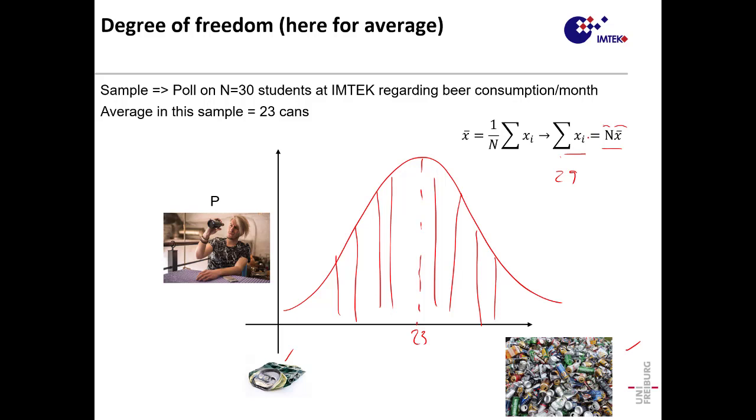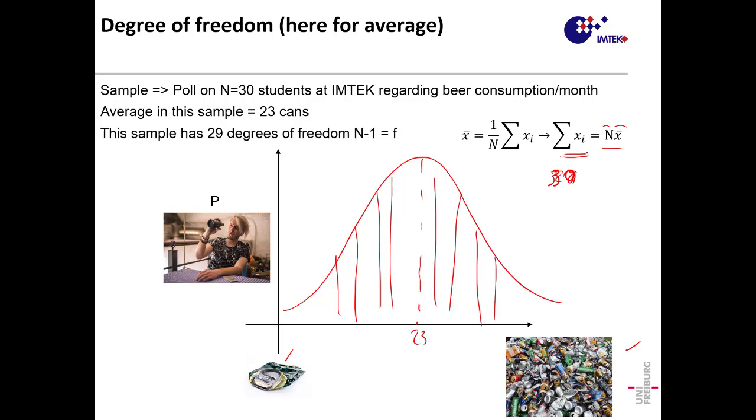Because 29 of the 30 students were able to be placed in any place, but number 30 has to be placed in a position such that n times the average is equal to the summation of all the consumption. Okay? Is that making sense in some way? So you lose 1 degree of freedom. So to estimate the average of the distribution, your degrees of freedom would be 30 minus 1, 29.